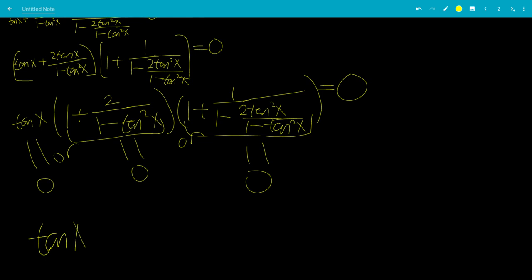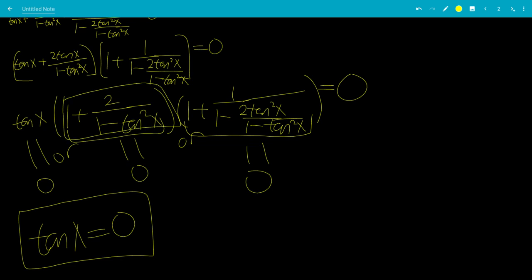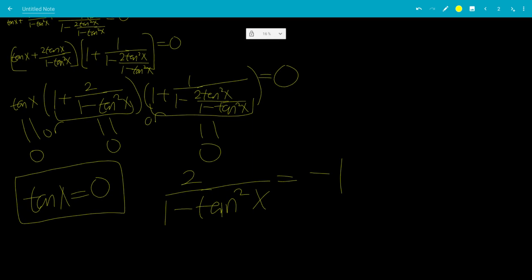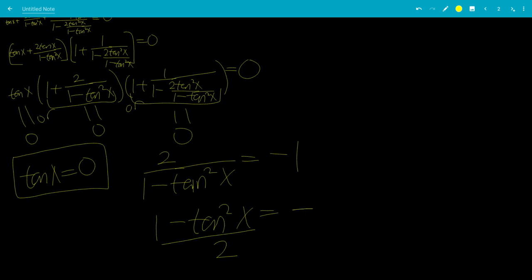So tangent x equals 0, so that's a solution. We want to find tangent x only. So now let's solve this one equals 0. So we have 2 over 1 minus tangent squared x equals minus 1, because 1 plus it equals 0. Okay, let's do the reciprocal. So that would be 1 minus tangent squared x over 2 equals negative 1, because 1 over negative 1 is still negative 1.